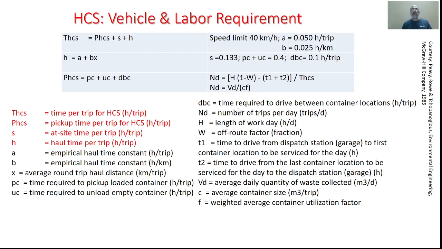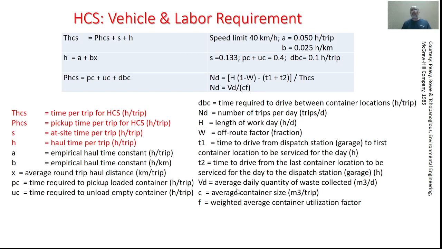In order to determine the number of trips per day, one can use this expression: H into 1 minus W, into bracket T1 plus T2, divided by this TSCS, which is nothing but the time per trip for the haul container system. Also, this number of trips per day can be determined by making use of the expression VD by CF.